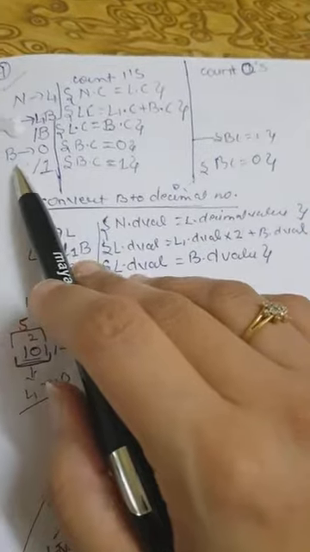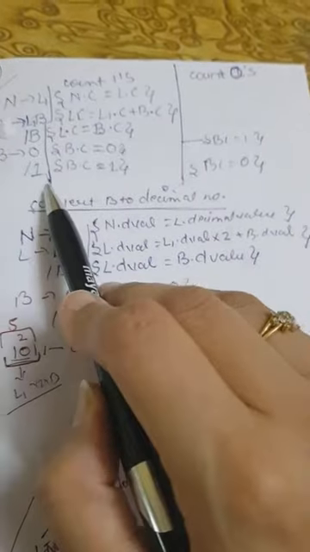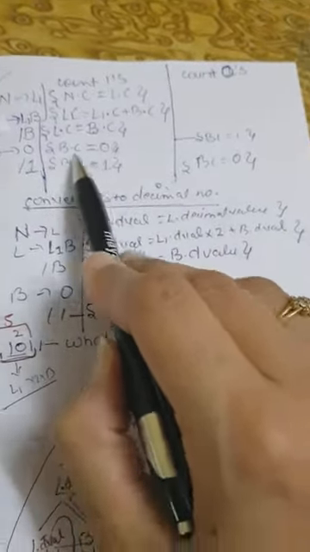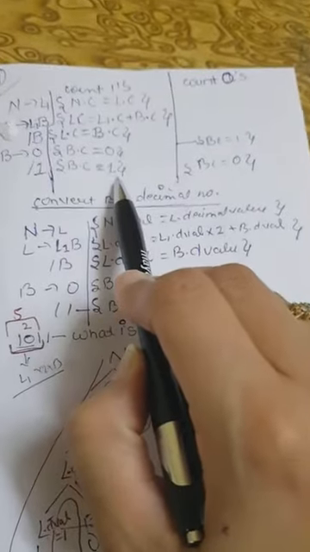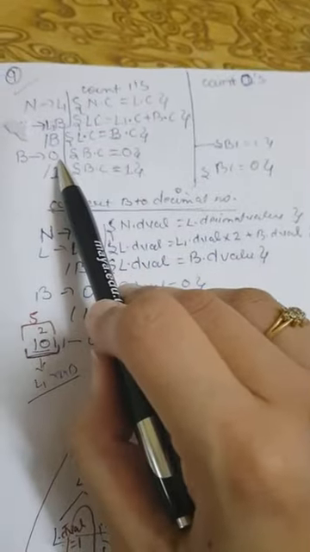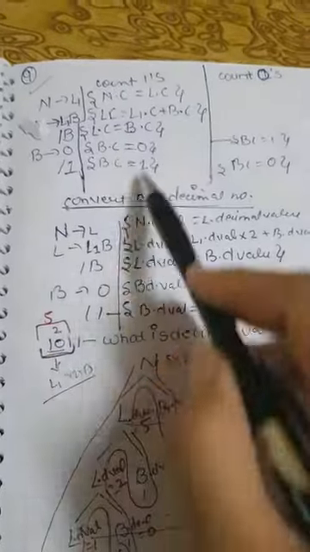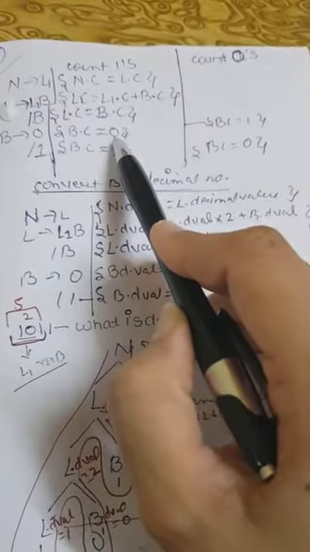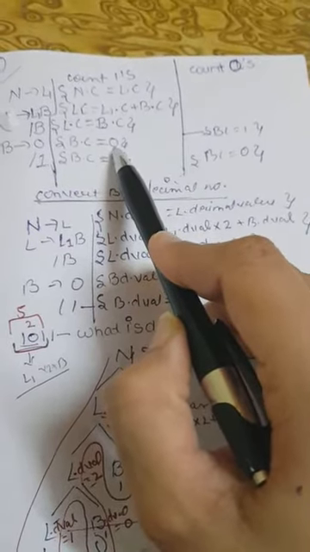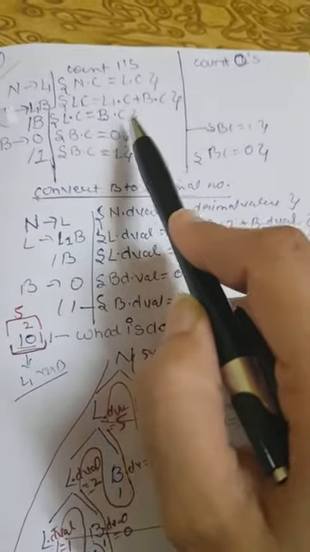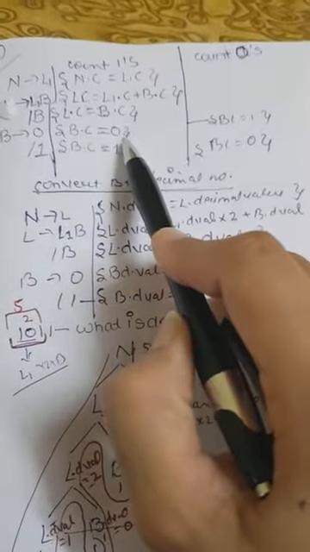If the bit is 1, we say the bit count is 1. But if it is 0, we say the bit count is 0, because we didn't see any 1 over there.